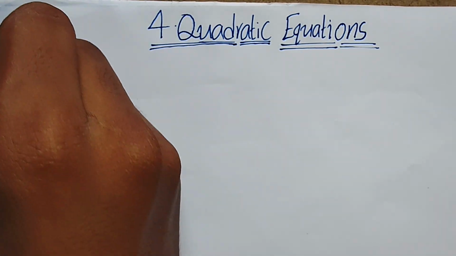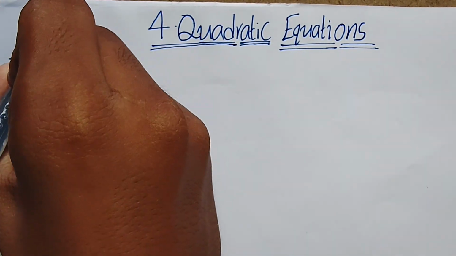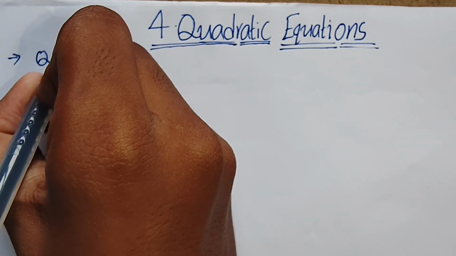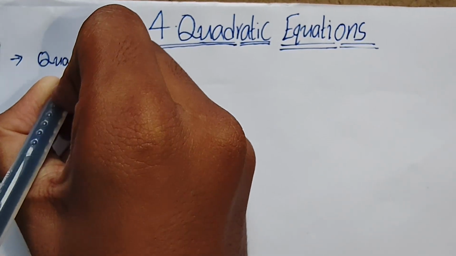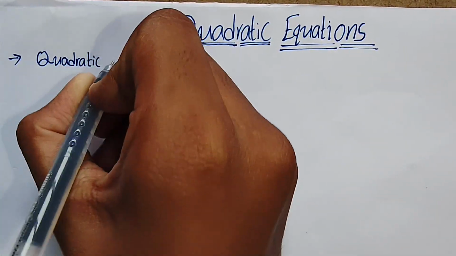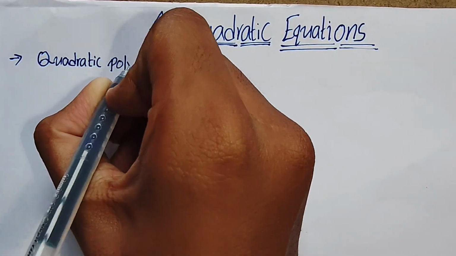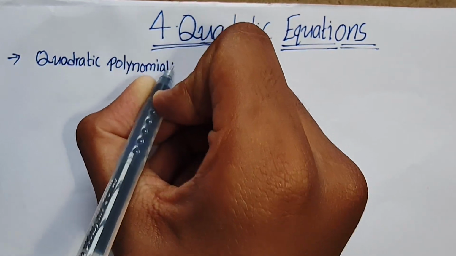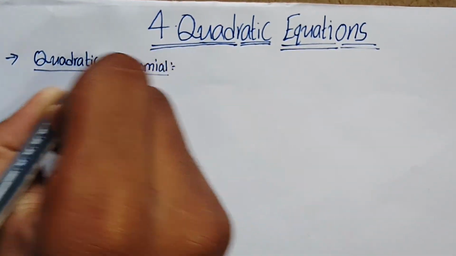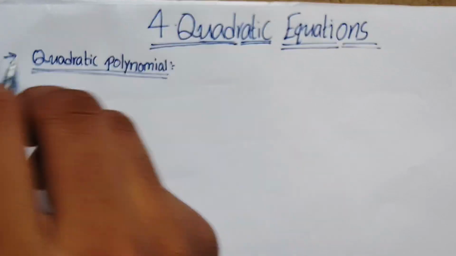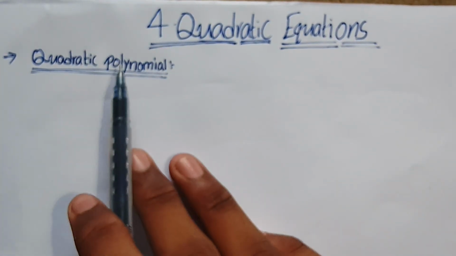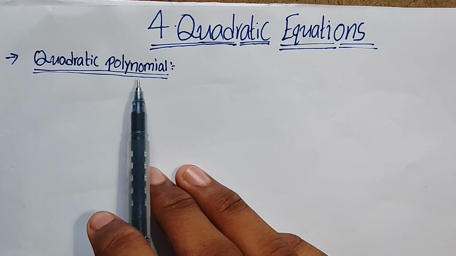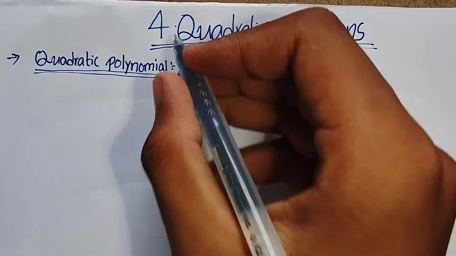Here, the first definition is the quadratic polynomial. What is a quadratic polynomial? A quadratic polynomial means a polynomial with the highest power of the variable being 2.